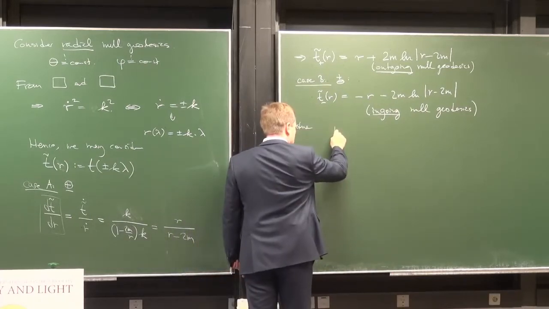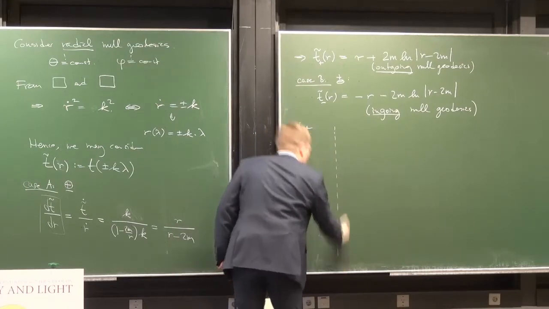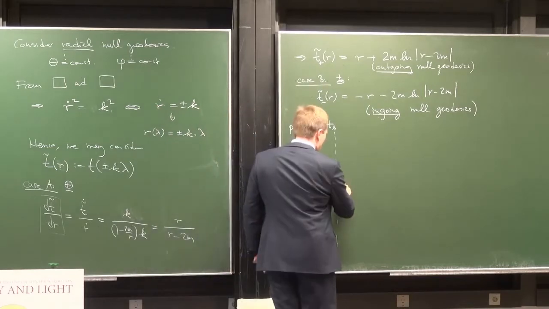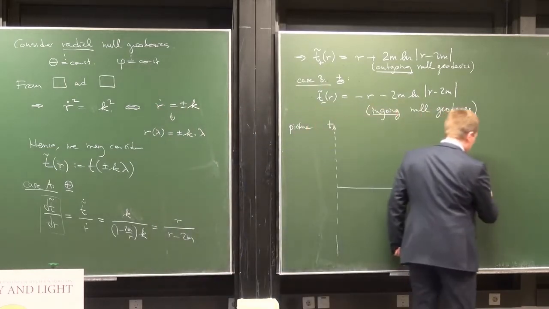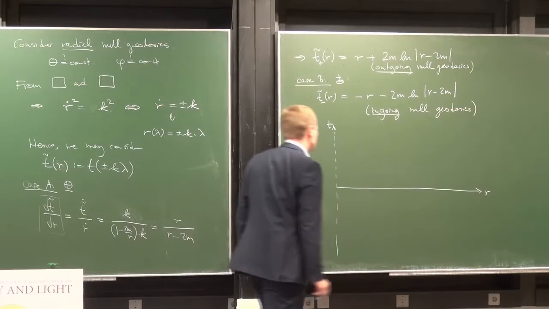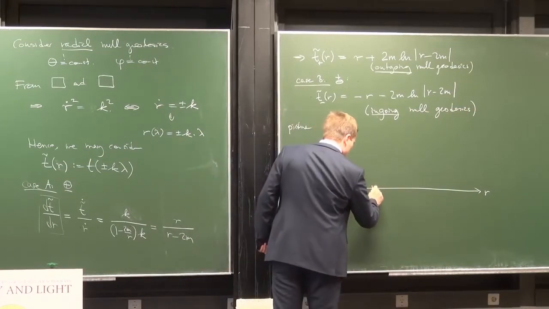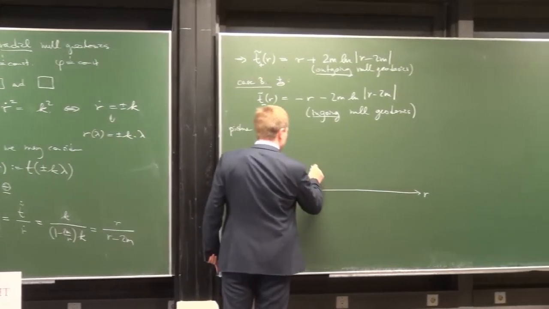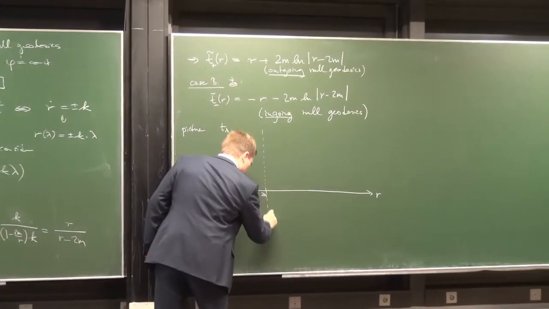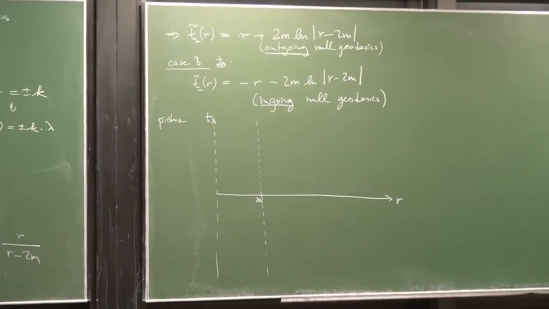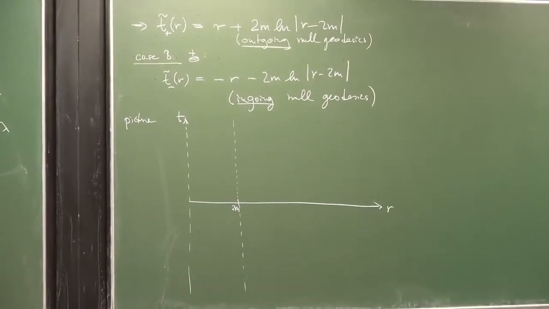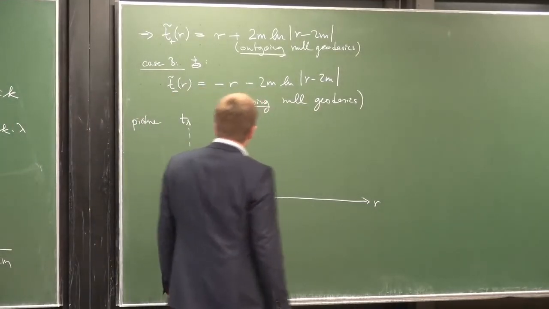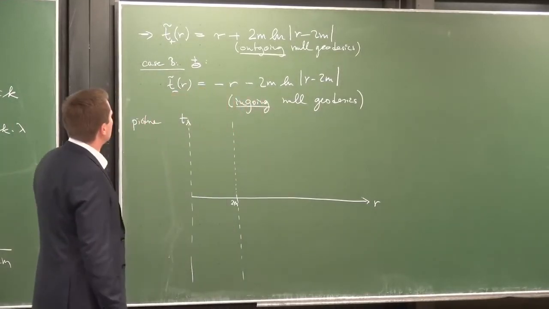So we start with the Schwarzschild coordinate t and a Schwarzschild coordinate r. There's the special point 2m, and I just have some line here to know where 2m is, but this is just in my mind, this 2m. And now I start drawing these null geodesics.